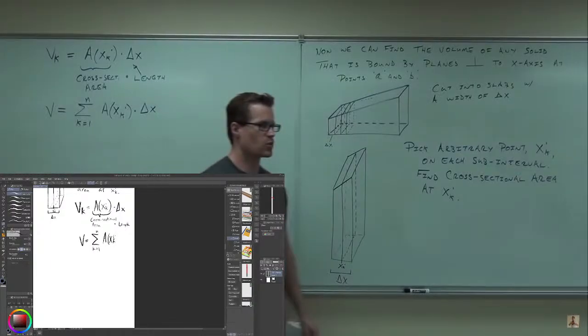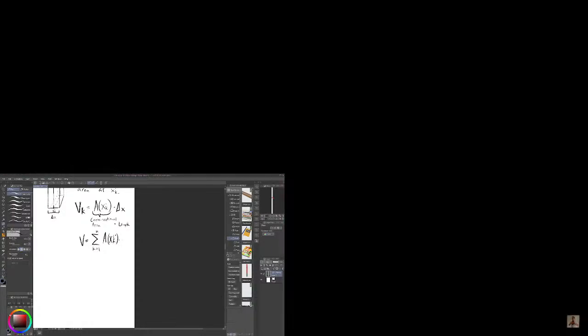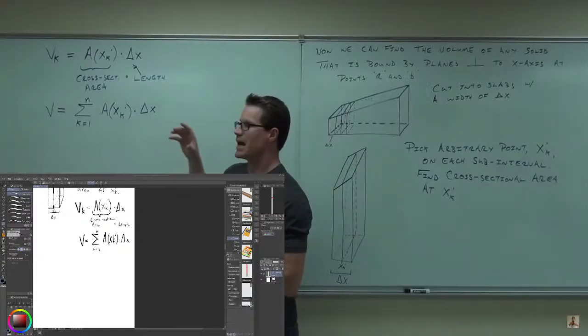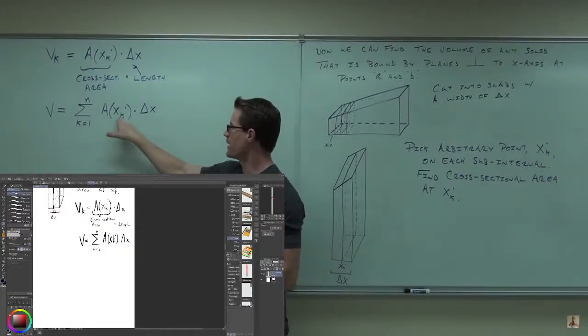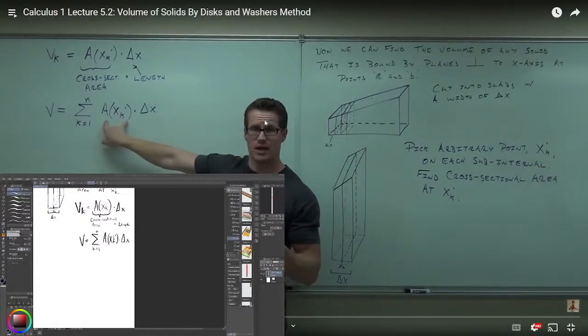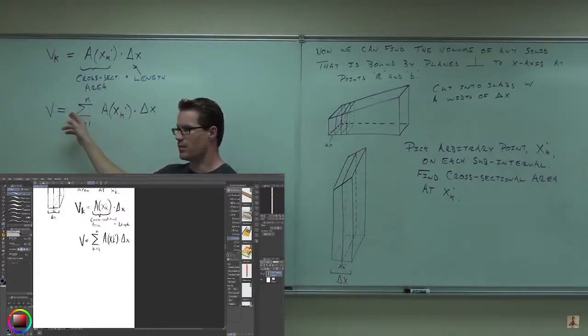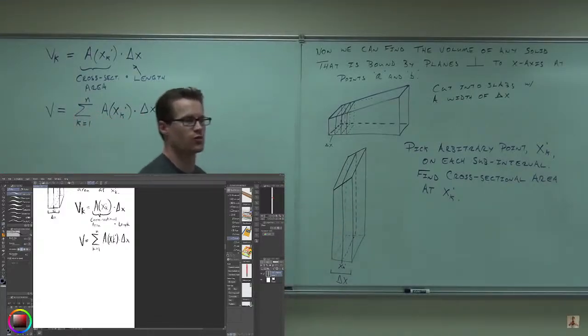That's just for each one. What this says is, take every slab that you have, find a random point for each slab, find the area of the cross-section at each random point, multiply each one of them times its width, and add them all up. That should give you an approximation for the volume.